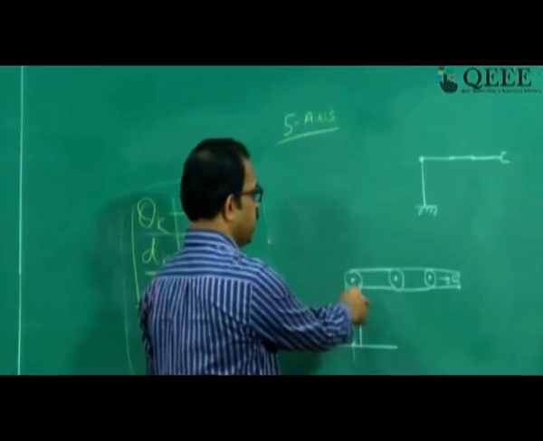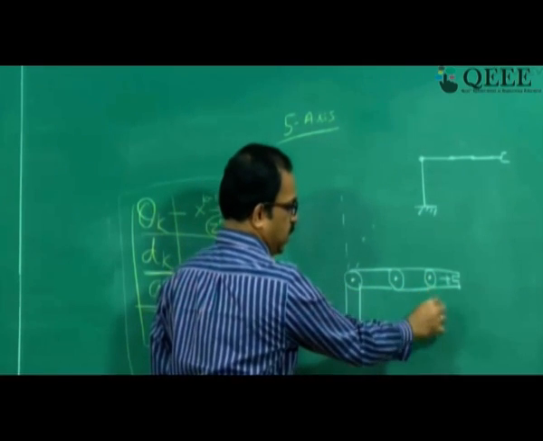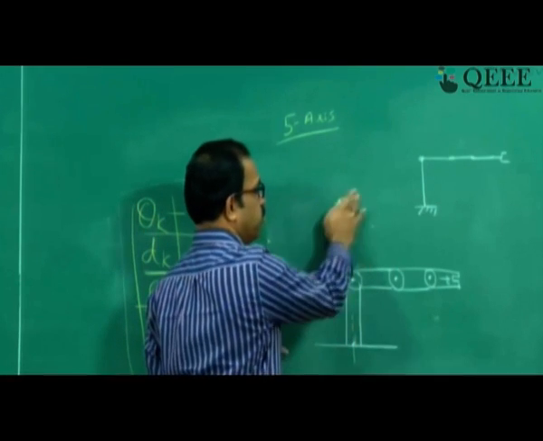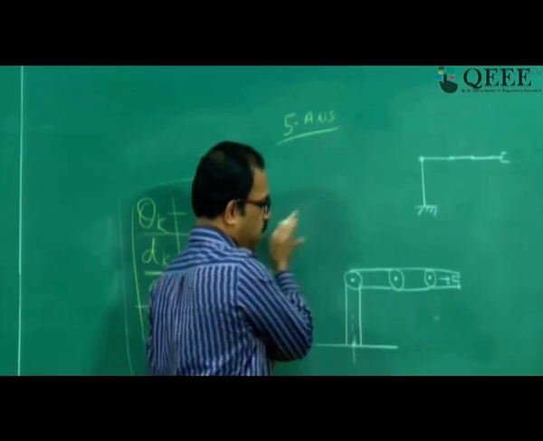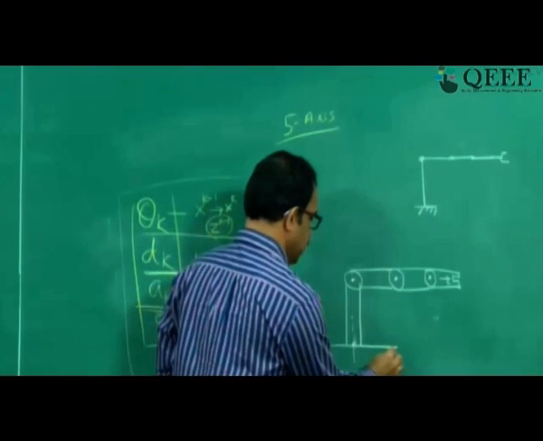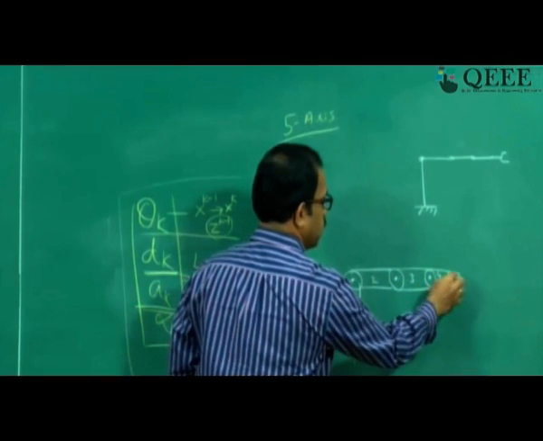Since it's a variable, it can take any position. It can be vertical, it can be like this. All these are joint variables, so any position we can take as the home position. And then as usual, we assign the links 0, 1, 2, 3, 4, and the last one.